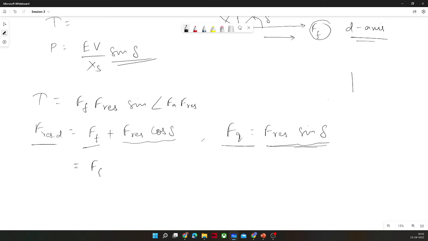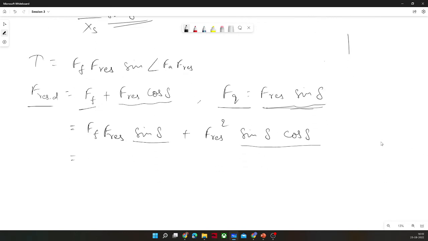So let me write it: F resultant sin delta plus F resultant square sin delta cos delta. If you are familiar with the reluctance component, it is fine. Otherwise, it is also fine. So you can further write it as F resultant square by 2 sin 2 delta. So this is the reluctance component.